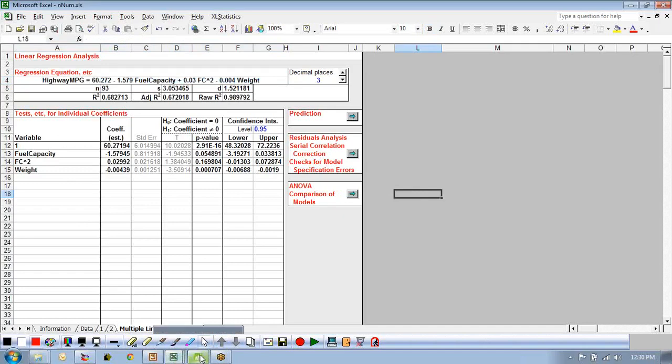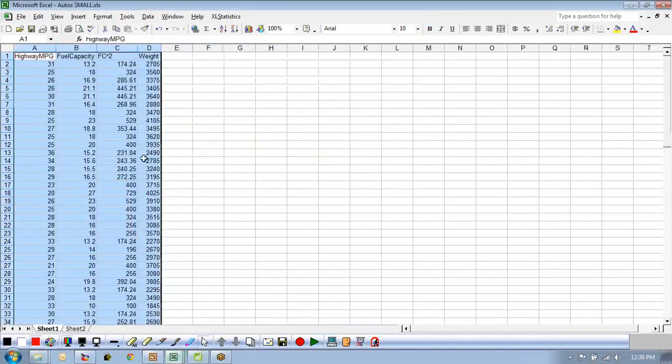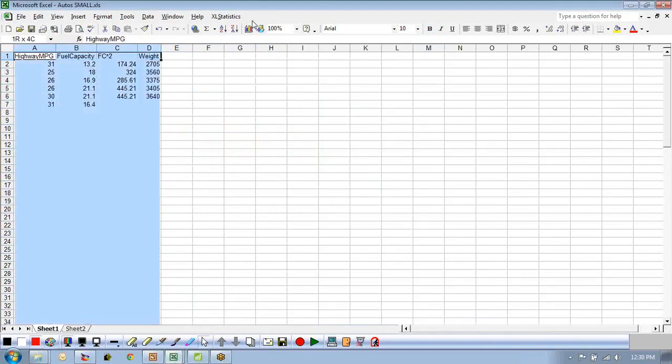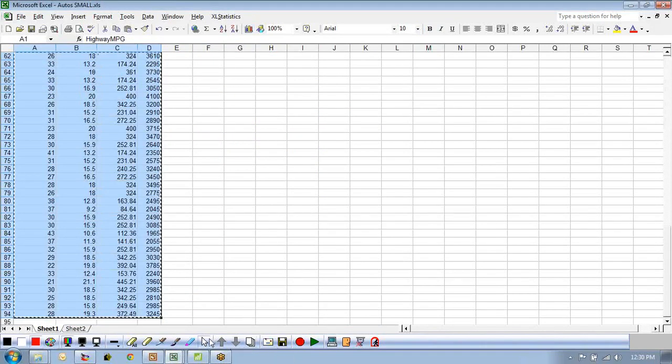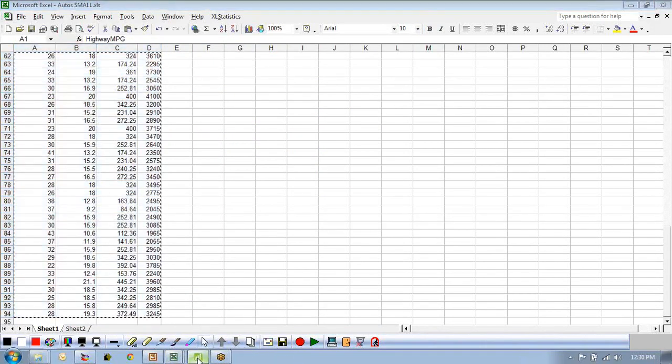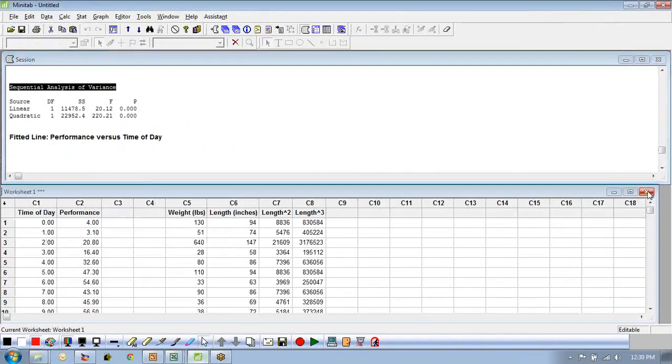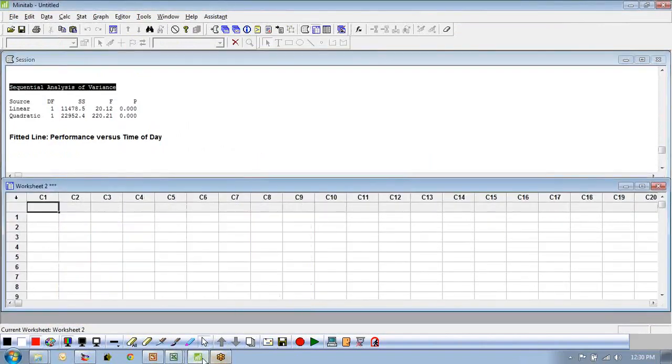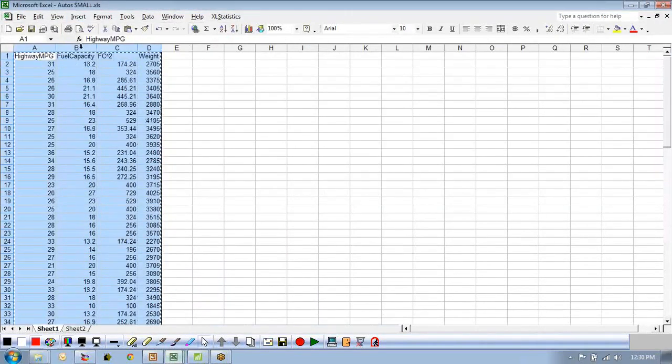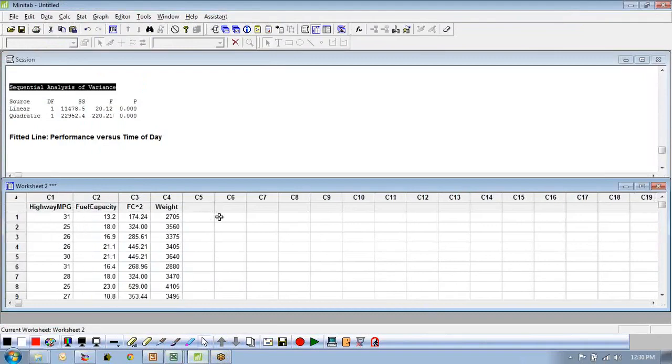In Minitab, very similar. I'm just going to port this whole thing over. But actually, Minitab can do slightly better than Excel Stats in this way because it has a little bit of an automatic facility to do this. We don't actually need FC squared, as I'll show you in a moment. We can put it directly in the model.